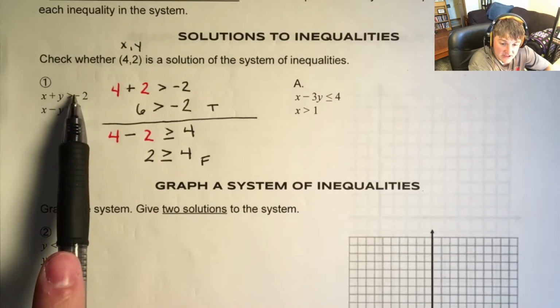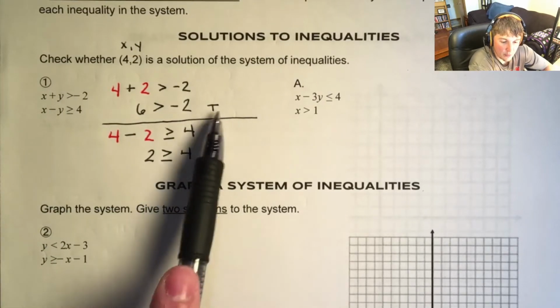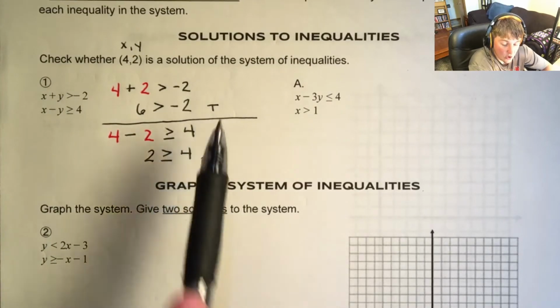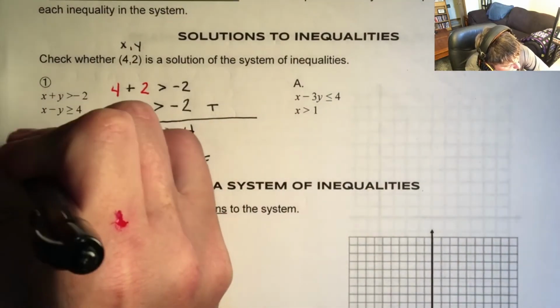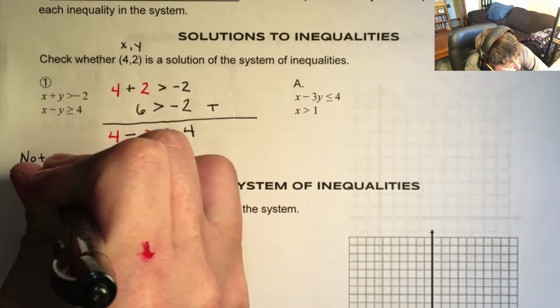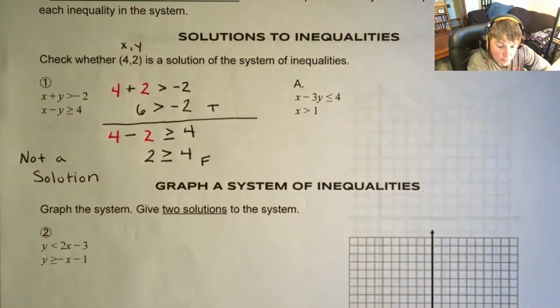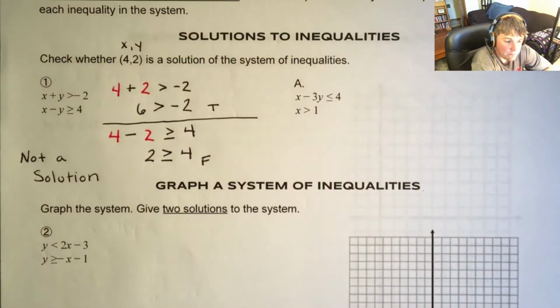In other words, it needs to be a solution to both inequalities. It is not a solution to both inequalities. It's only a solution to one. Therefore, this is not a solution. Now, if we wanted it to be a solution, it would need to be true for this one. It would need to be true for this one.